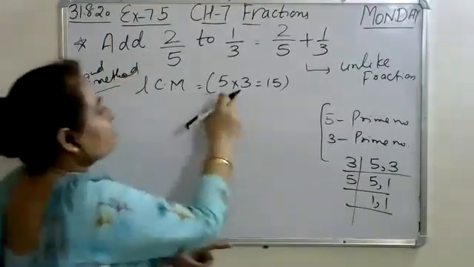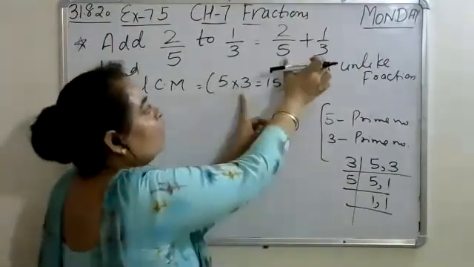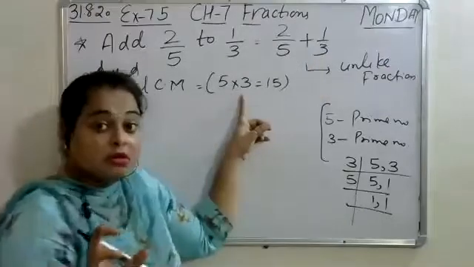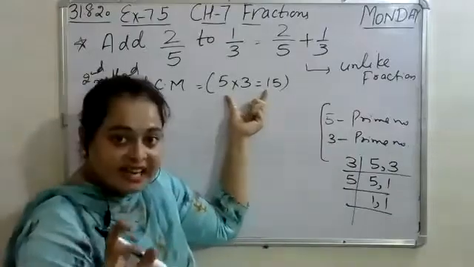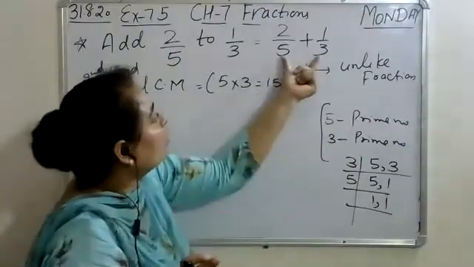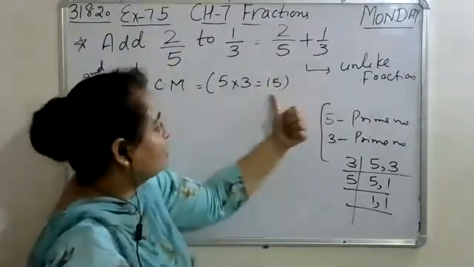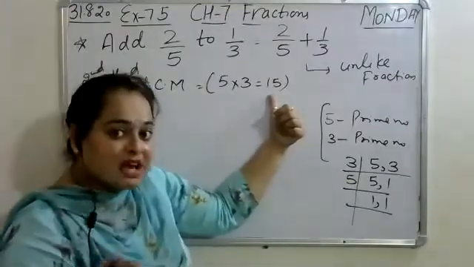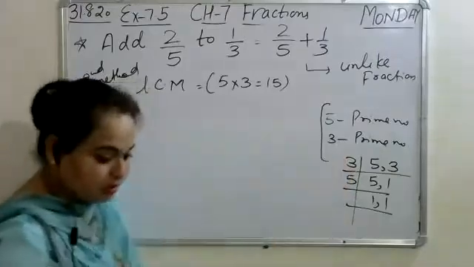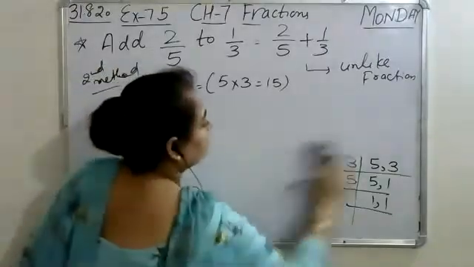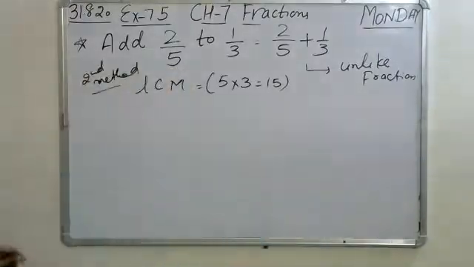It is applicable when the denominators are prime. Note down very carefully. We will apply this multiplication method when the denominators are prime numbers. If the numbers are not prime, then we will apply the prime factorization method.